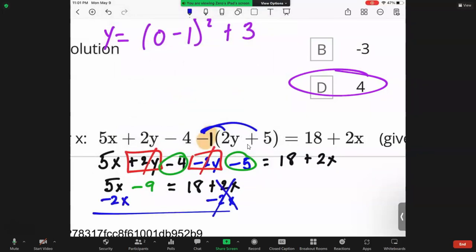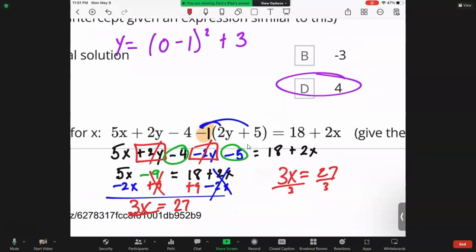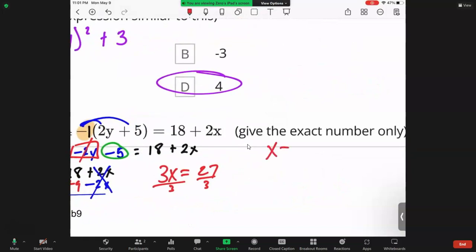Those cancel. Since I moved the x's to the left, I want to move my numbers to the right. So plus 9. 5 minus 2 gives me 3x. And then 18 plus 9 is 27. Divide by 3, right? So we have 3x equals 27. Divide them both by 3, and you get that x is equal to 9. So my answer, I'm just going to put 9 here. Just put 9.